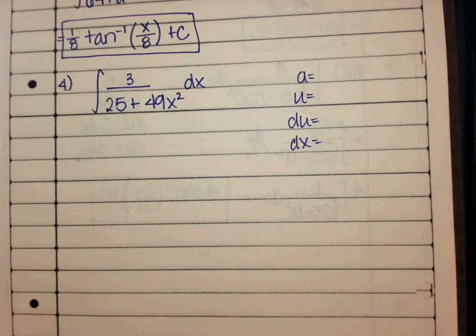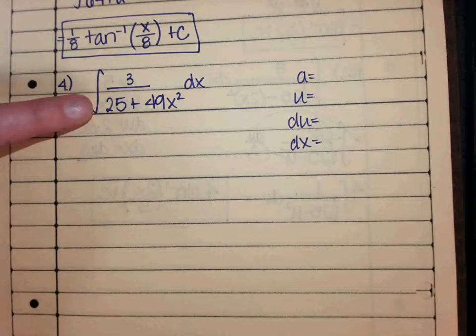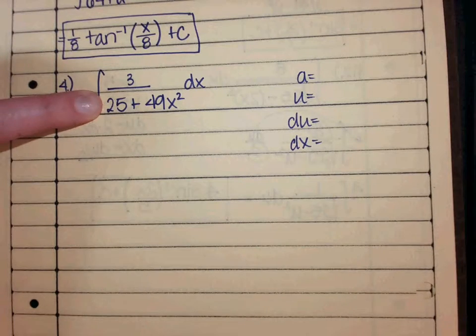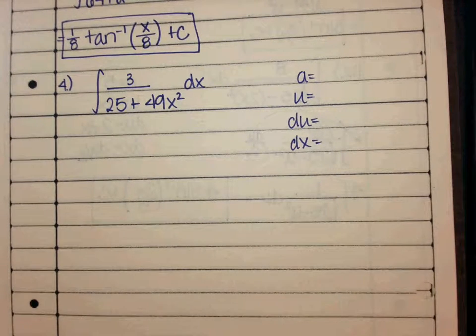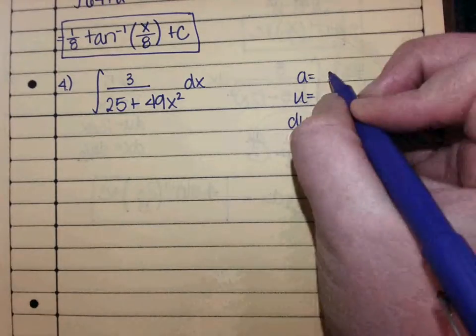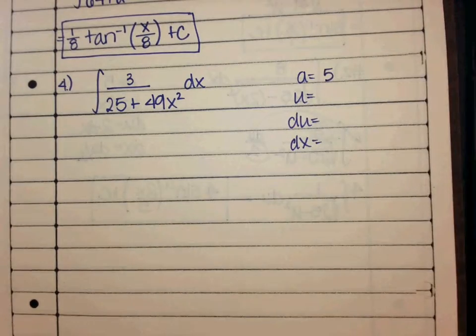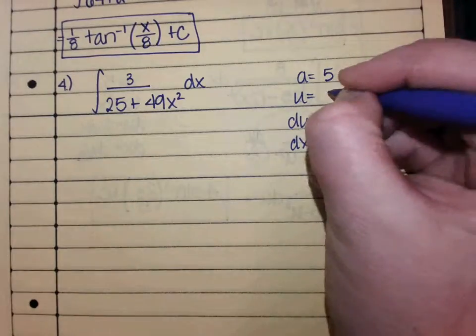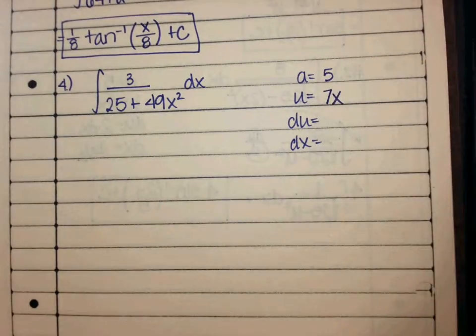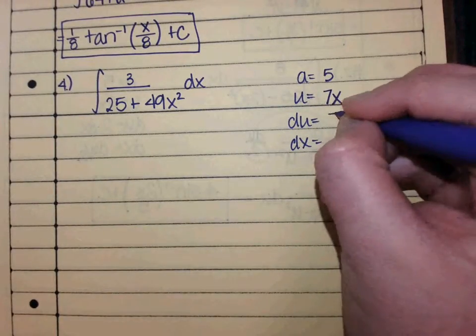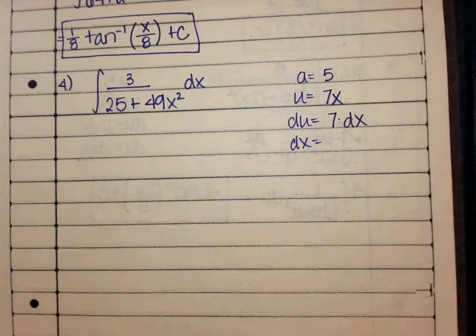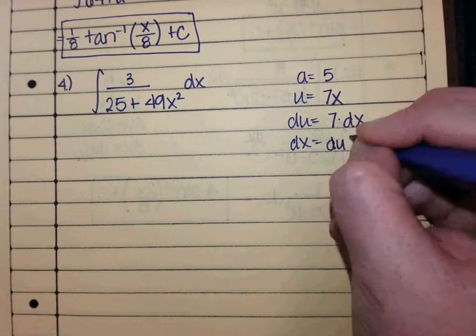What is in the A squared spot? 25. So if A squared is 25, square root both sides, what's A? 5. If U squared is 49x squared, what would just U be? 7x. Are we good with that? Then what's du? 7dx, which means that dx is du over 7.